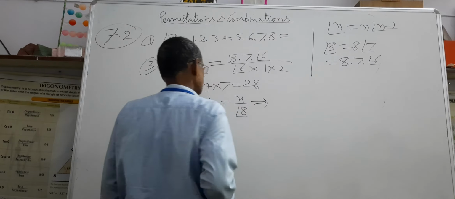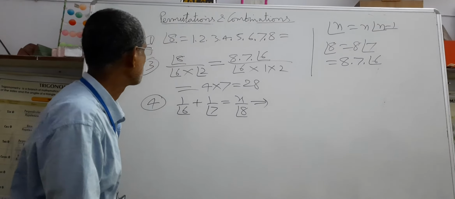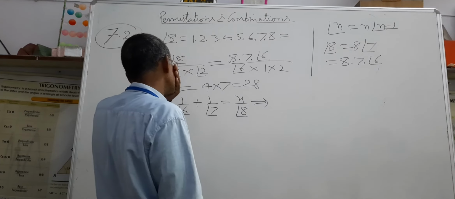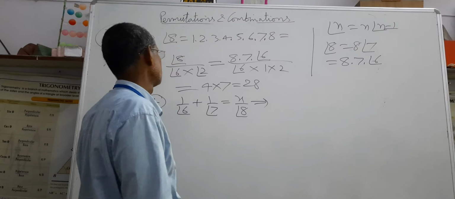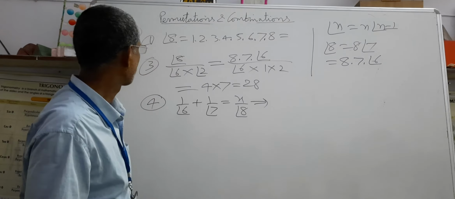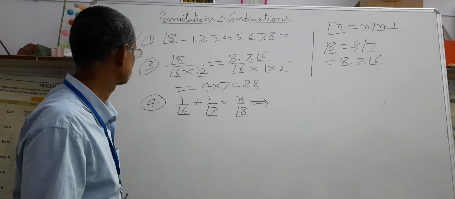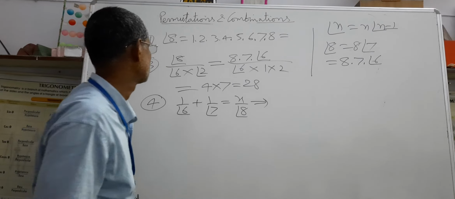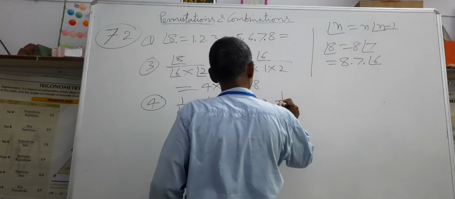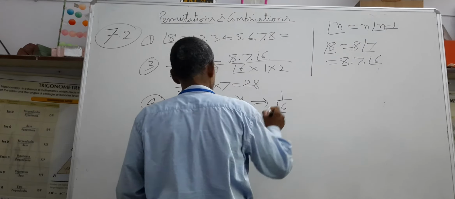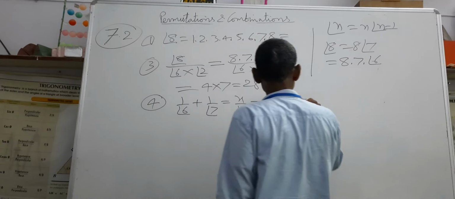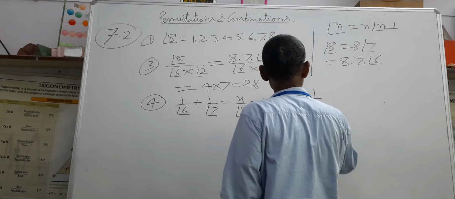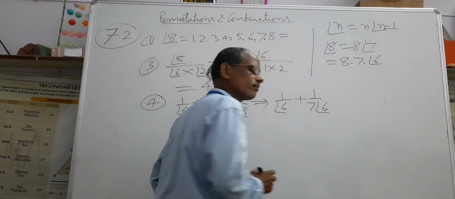This implies 1 upon factorial 6 plus 1 upon 7 into factorial 6.